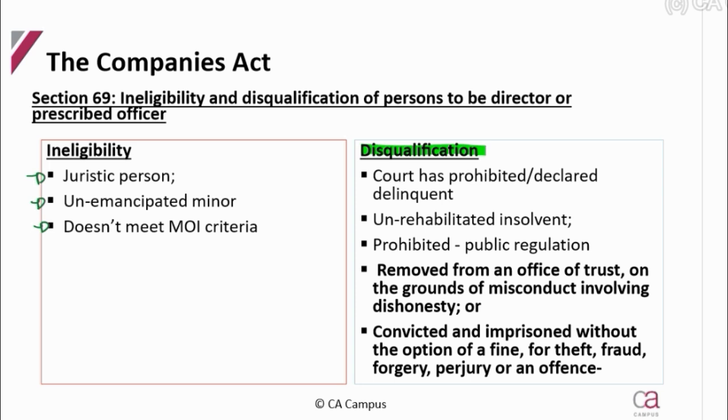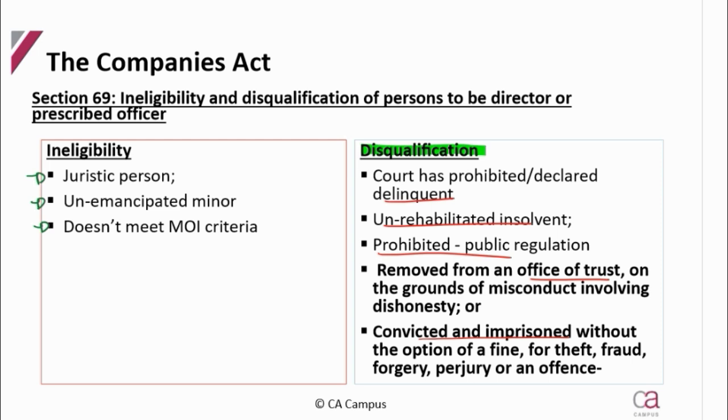So if they were declared a delinquent by the court, and a current example is Dudu Myeni from SAA, the former chairman, or they were an unrehabilitated insolvent, or they've been prohibited in terms of any public regulation, removed from an office of trust due to misconduct, or convicted and imprisoned without the option of a fine, then he's disqualified. So either of these people should not be directors.